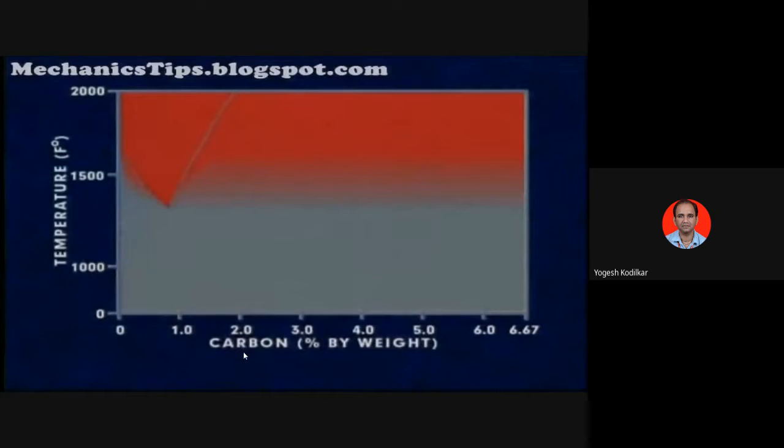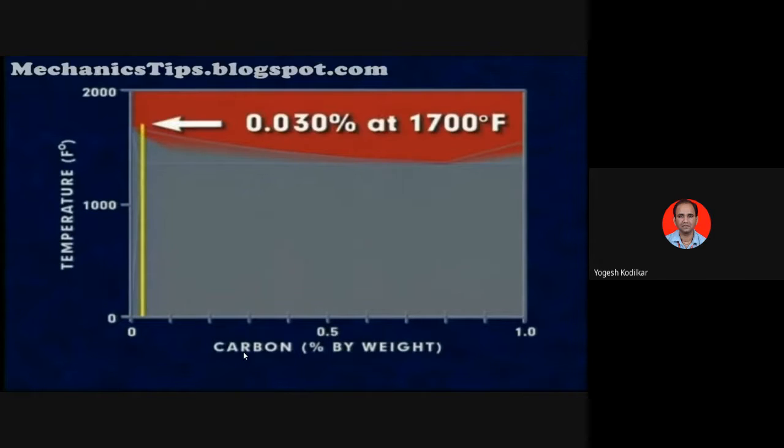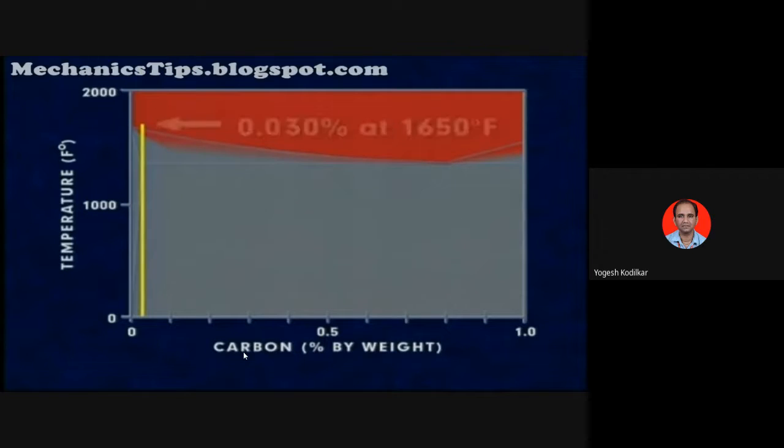Let's take a closer look at some examples of how carbon affects the hardness of steels. If steel containing 0.030% carbon is heated to about 1,700 degrees Fahrenheit, the structure will consist entirely of austenite. If it is then cooled slowly to about 1,650 degrees Fahrenheit, the austenite begins to transform to ferrite.